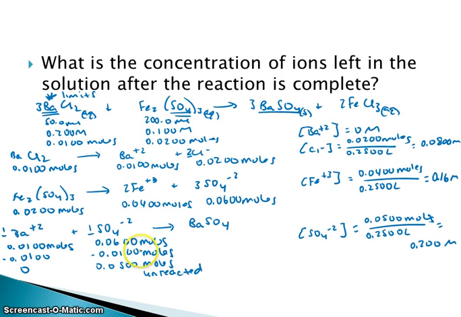Some of the sulfate ions react with the barium ions, but some are left in excess, so we can find out how much sulfate ion is left over in solution. And the chloride ions and the iron ions are spectators. The amount of those ions stays the same because they're not forming a precipitate, but they're going to be diluted because we're adding two solutions together.